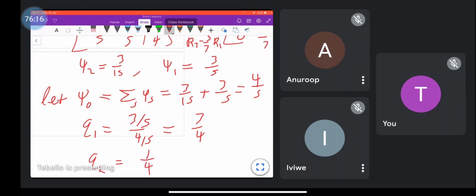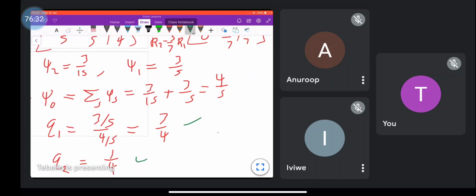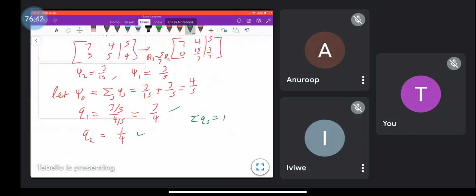So this answer should match: 3 over 15 over 4 over 5 is 1 over 4. Both of them sum to 1. The sum of the artificial probabilities is equal to 1. So these are the artificial probabilities, or the risk neutral probability, that they are asking for over here.